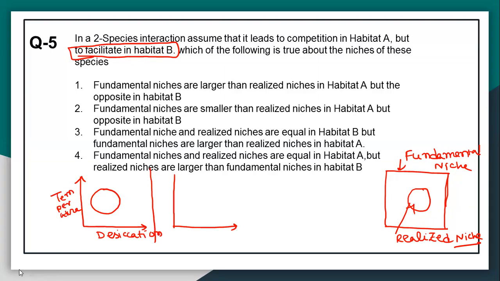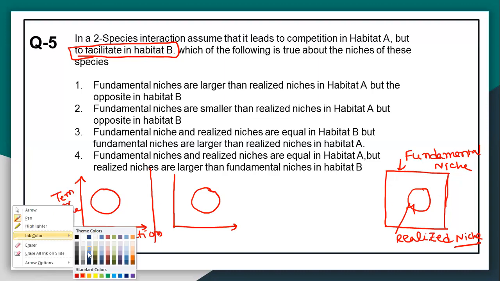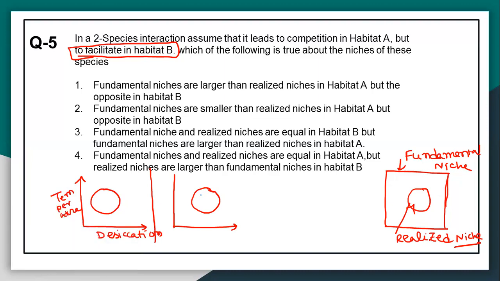Now the realized niche in presence of the facilitator species: the fundamental niche is the same as previously, but as the facilitator species is present, it will increase the realized niche, because the facilitator species helps to increase the species' niche, right?